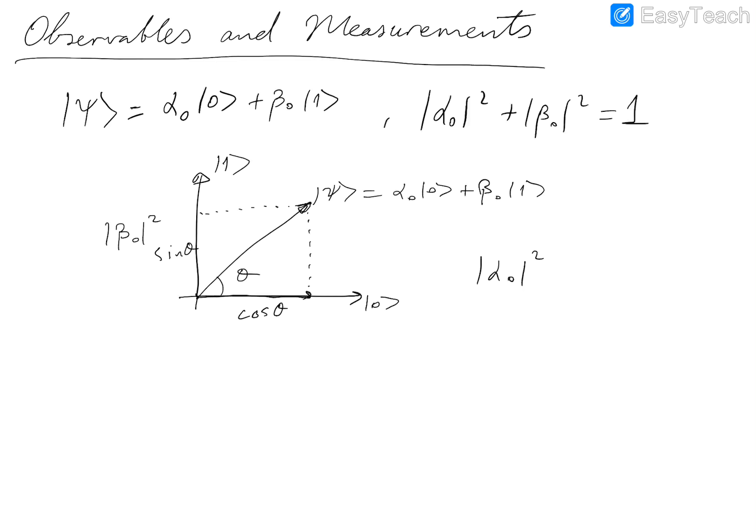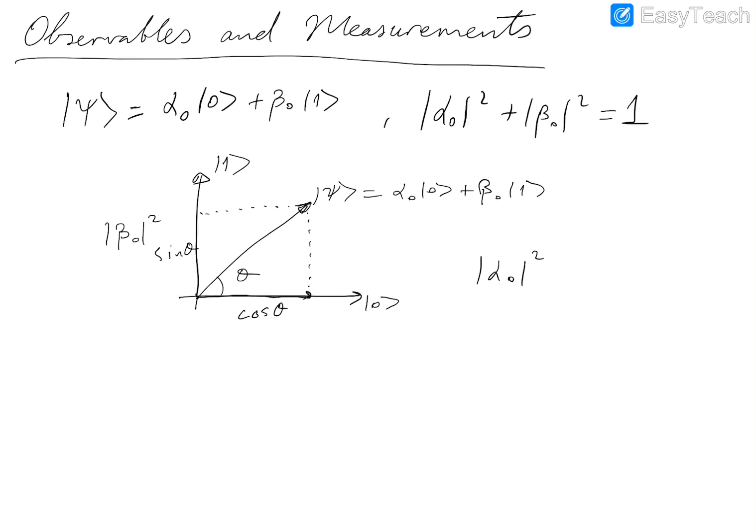Okay. Now, a good thing about quantum systems, and any physical systems actually, is that we can measure in any set of basis states which are mutually orthogonal to each other.